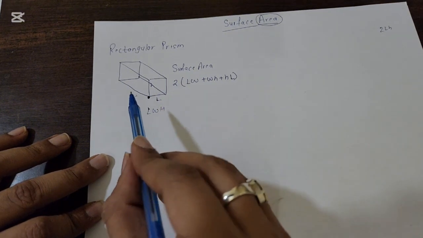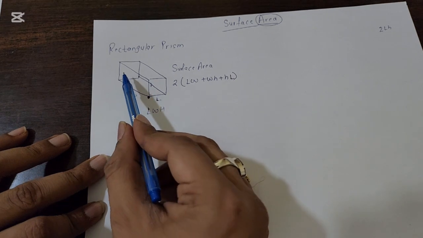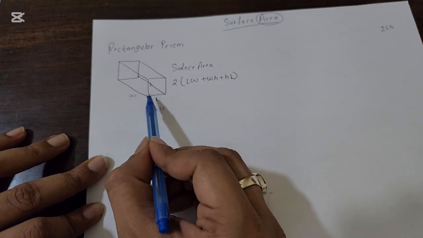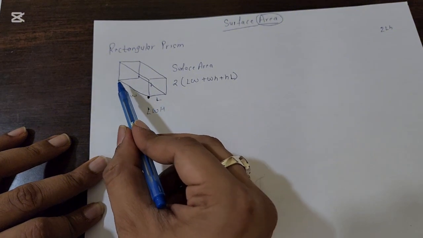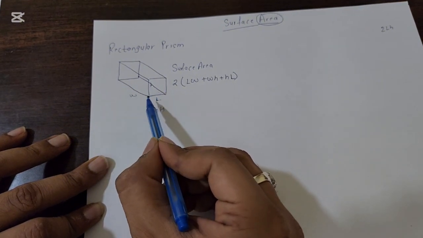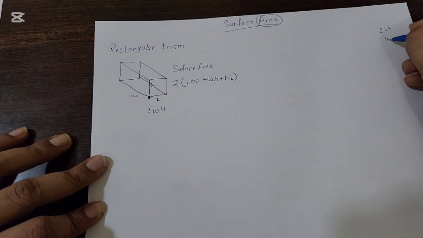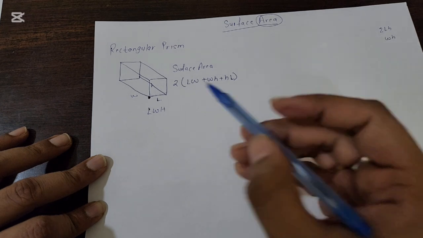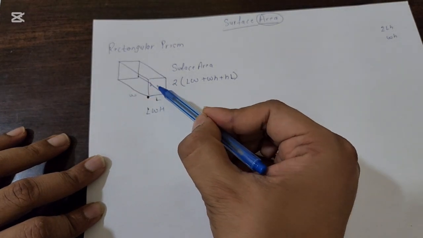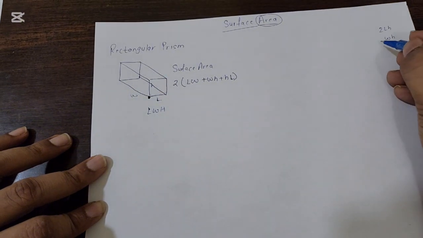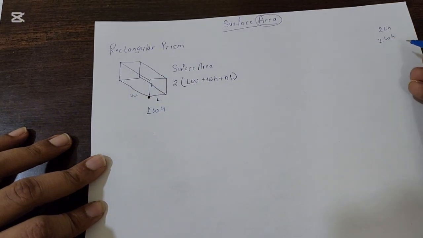Now let us take the wall at the left side. This wall has a width and it has height, right? So what will I do? Width times height. Now again the same thing, the left wall and the right wall, they are the same, right? So that will also be width and height, so 2 width and heights, correct?